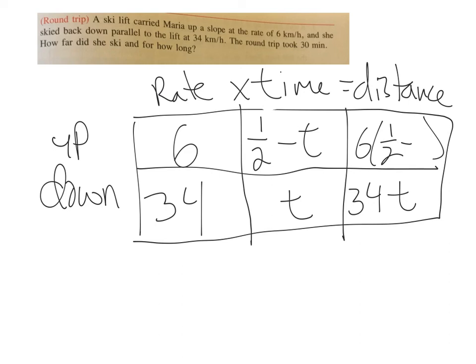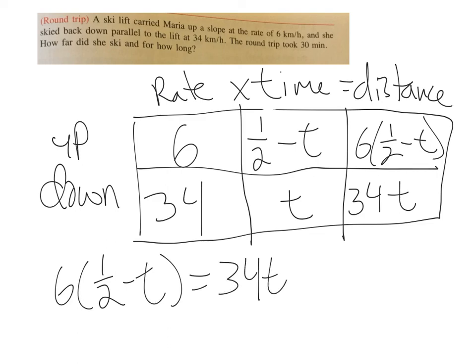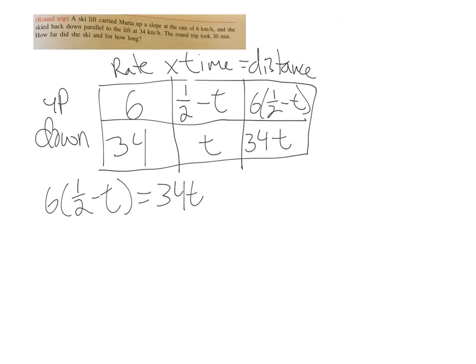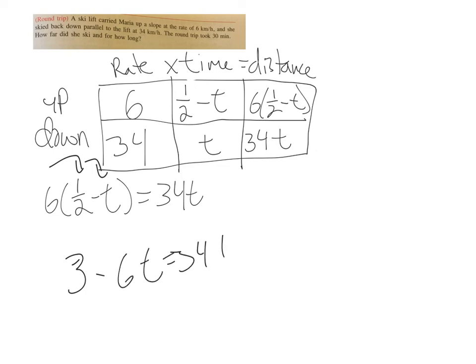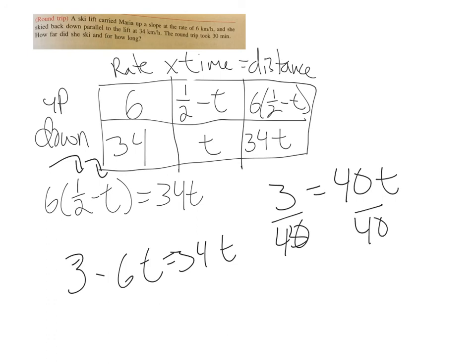So we can say 6 times (1/2 minus t) equals 34t, which if we solve, distributive property, 6 times 1/2 is 3, minus 6t equals 34t. Add 6t to both sides, 3 equals 40t. Divide by 40, divide by 40.